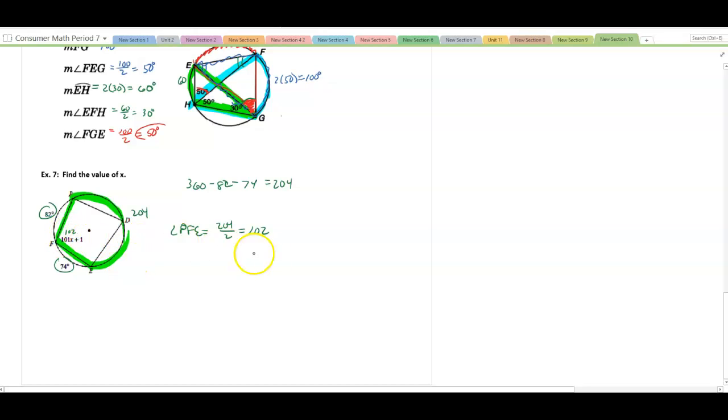So if that angle is 102 degrees, I know 101x plus 1 is equal to 102. And now if I subtract 1, 101x equals 101. When I divide by 101, x is equal to 1. Okay, and we are done.